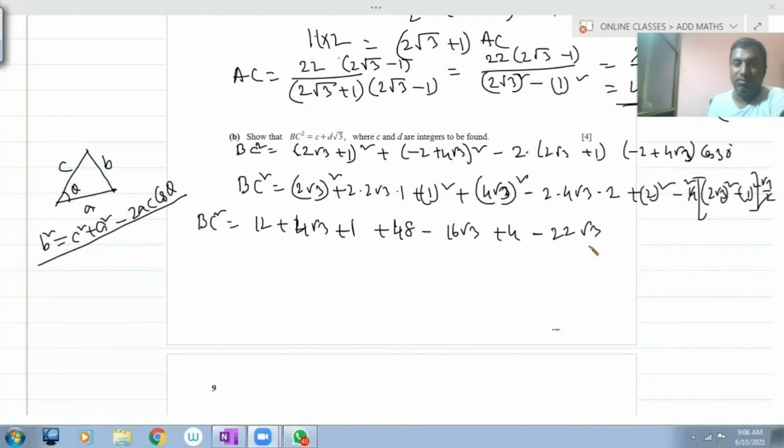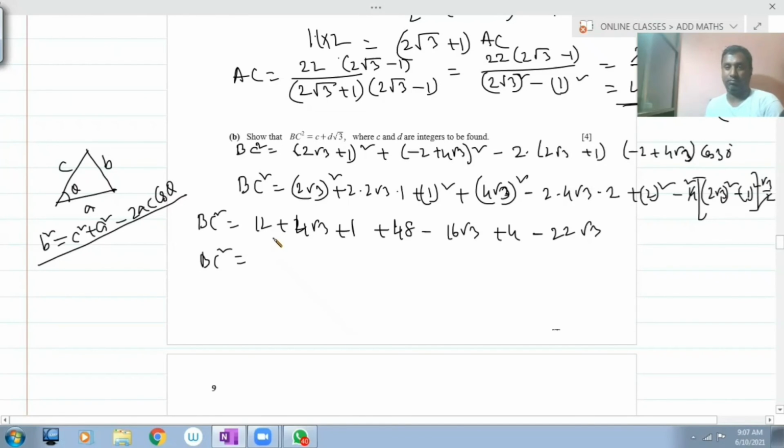Now if we simplify this one, BC square equals to 12 plus 1, plus 48, plus 4, it is becoming 65.